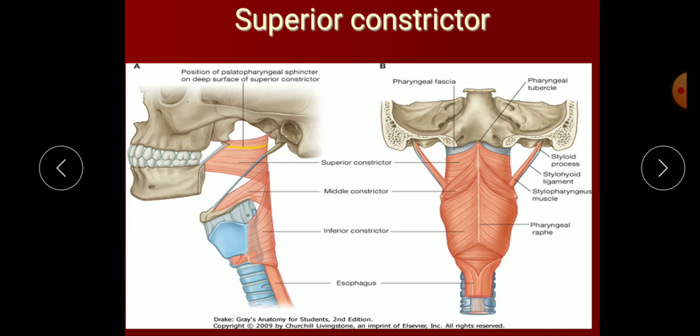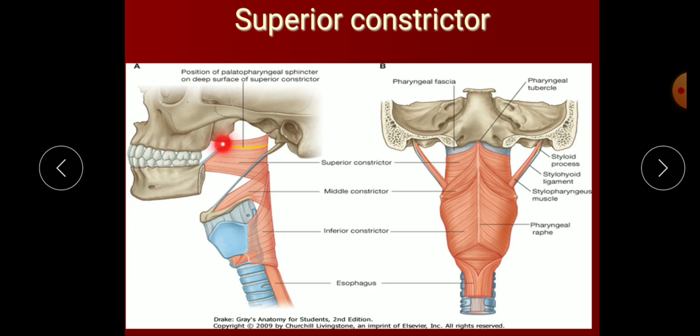Fine. So the origin of superior constrictor from which all regions? From the medial pterygoid plate, from the pterygomandibular raphe, from the medial end of the mylohyoid line, and from the side of the tongue. It passes laterally, sideways, and then finally gets inserted to the midline. That is the median fibrous raphe.